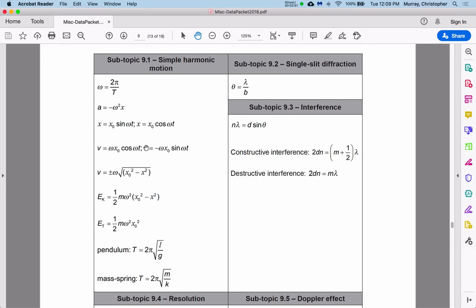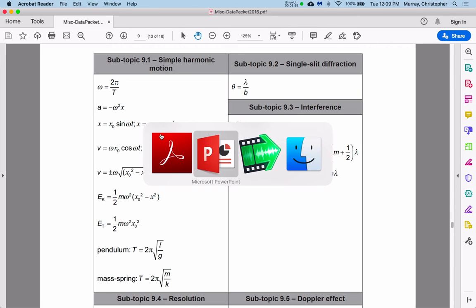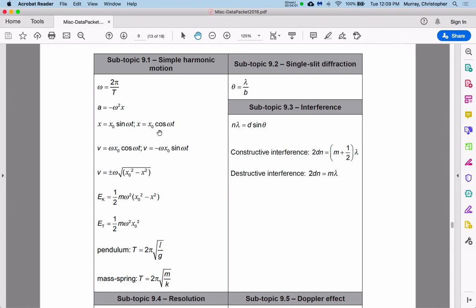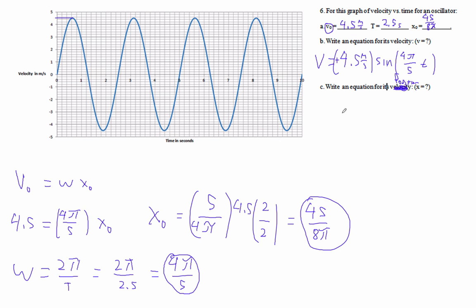So therefore, if the velocity is positive sine, x must be negative cosine, okay? Negative x naught cosine omega t. So x is going to be negative x naught cos omega t. That's our general form.